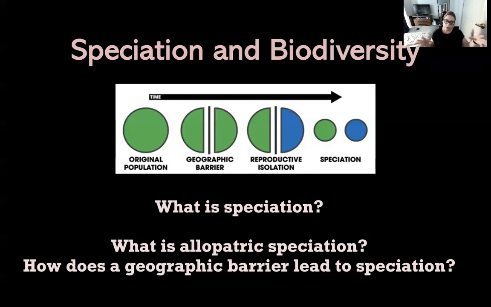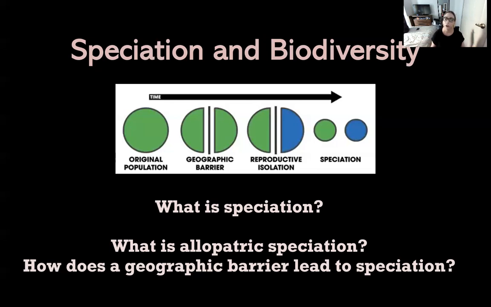So let's picture this. We have our original population of, say, brown salamanders, living in a pond, or in a creek, something like that. And something happens that separates that population into two populations. So let's say they were in a creek and there's another creek over here, they go back and forth, and all of a sudden it dries up so that they can no longer reach each other.